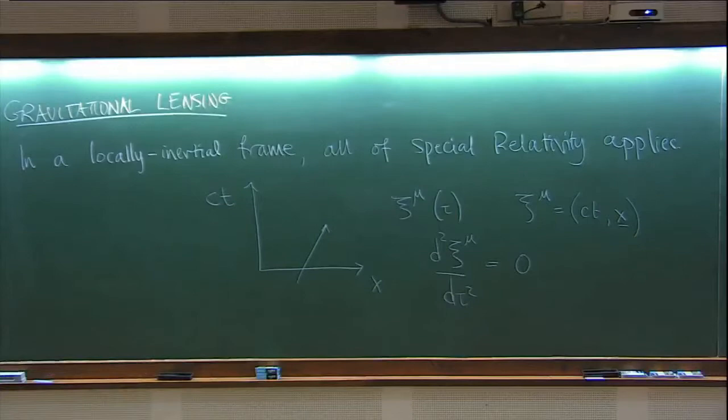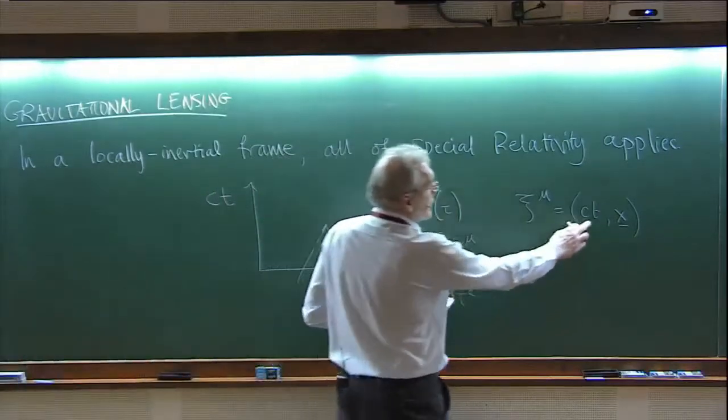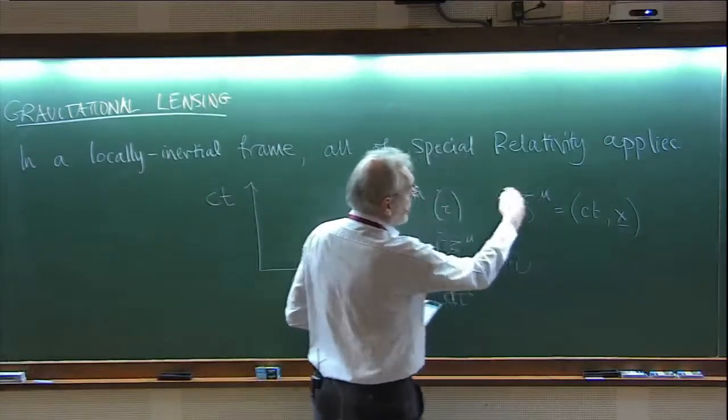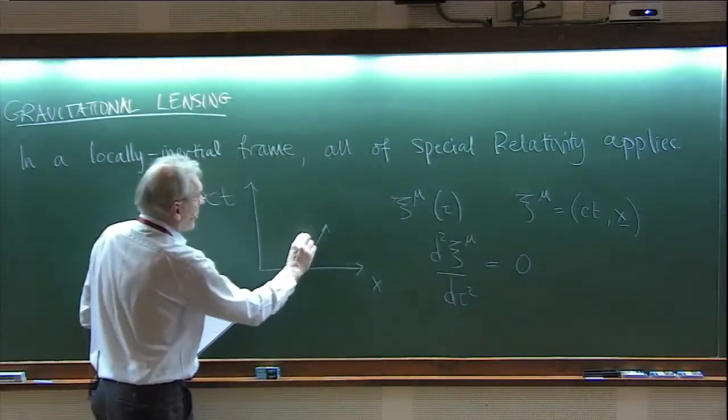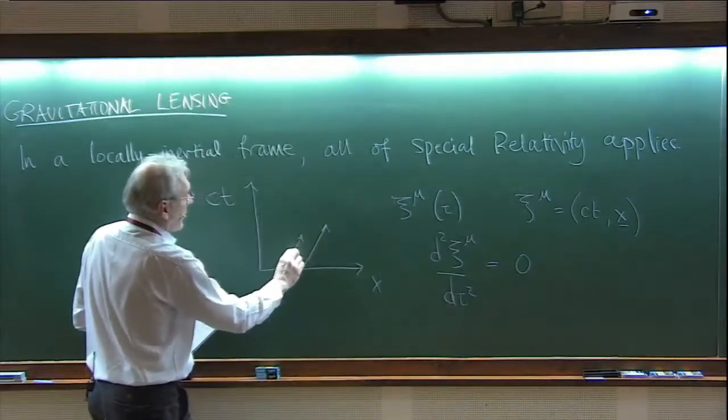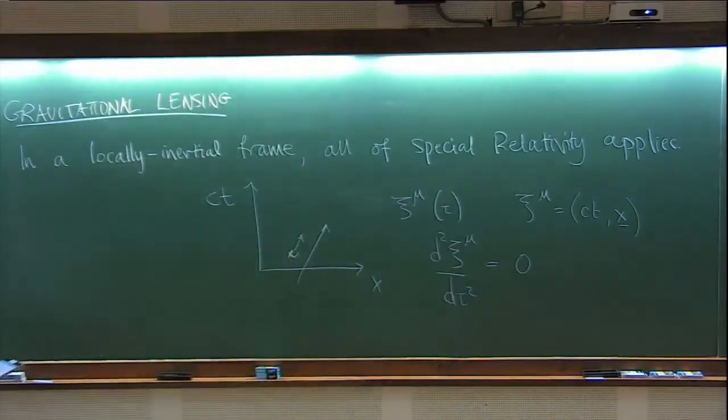So these are parameterized solutions for t and x, for time and space, as a function of the proper time that increases along the world line. So this applies in a locally inertial frame.